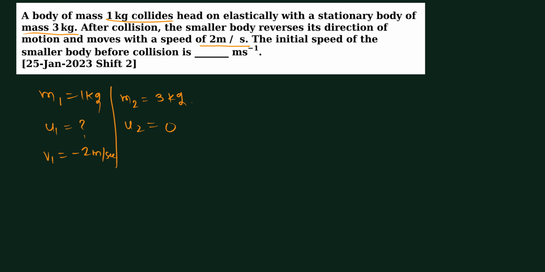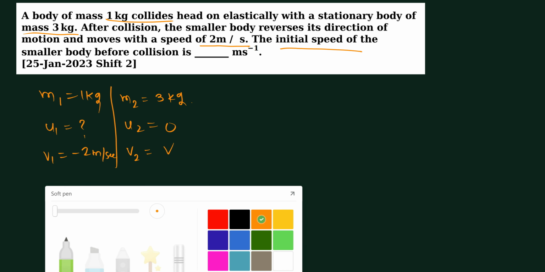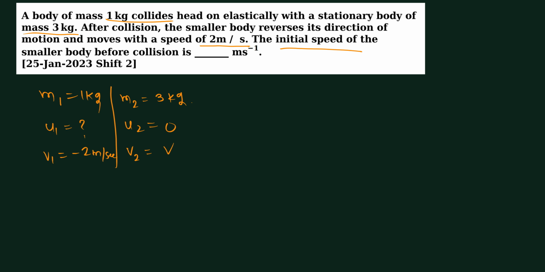Because after collision the first block reverses to the original direction, and it moves with the speed 2 meter per second, and the initial speed of the smaller body before collision we need to find. There is no v2 given, so let us assume v2 is v.